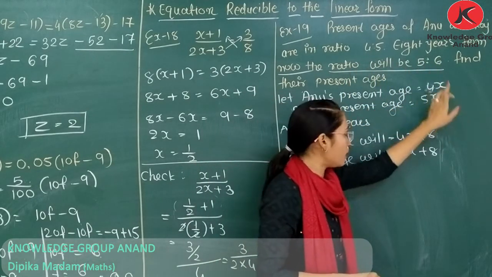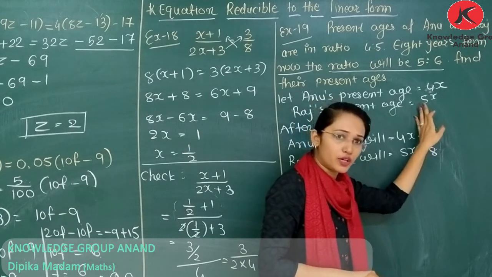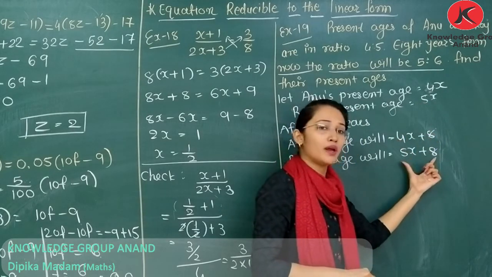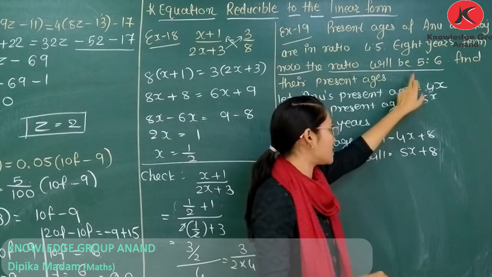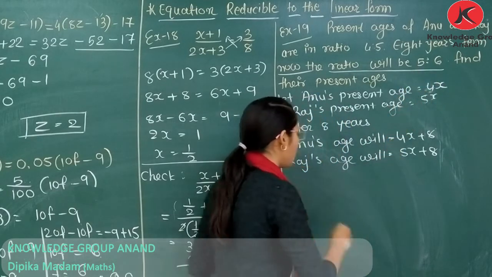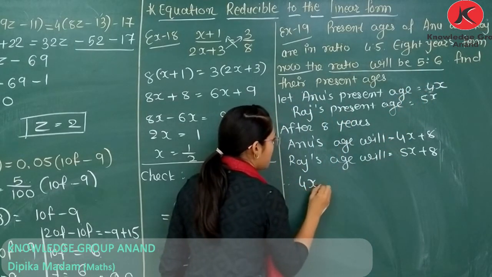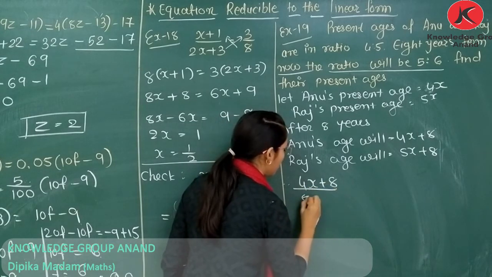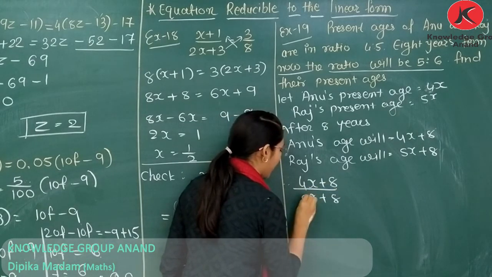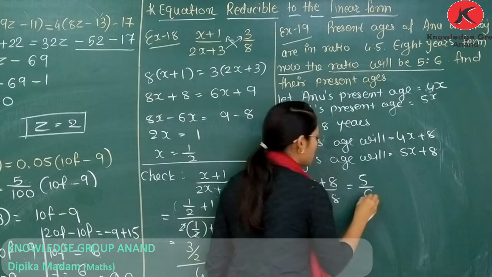Now if you take the ratio of ages after 8 years, આ 8 year પછી બંનેની એજ છે એનો રેશિયો લો તો આન્સર શું આવે, 5:6. So you can write 4x plus 8 over 5x plus 8, equal to 5:6.